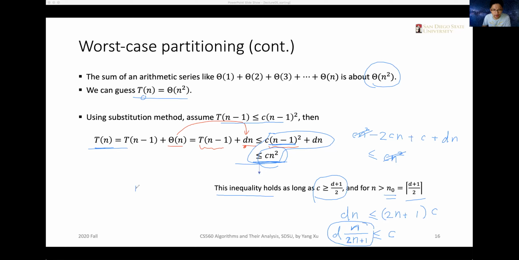The function n over 2n plus 1 has an upper bound because when n approaches infinity, this quantity approaches 1 over 2.